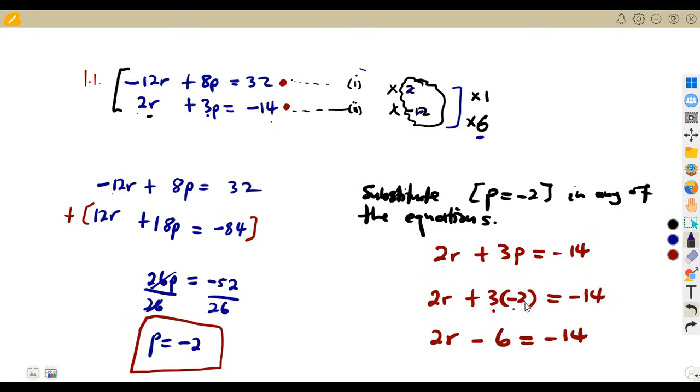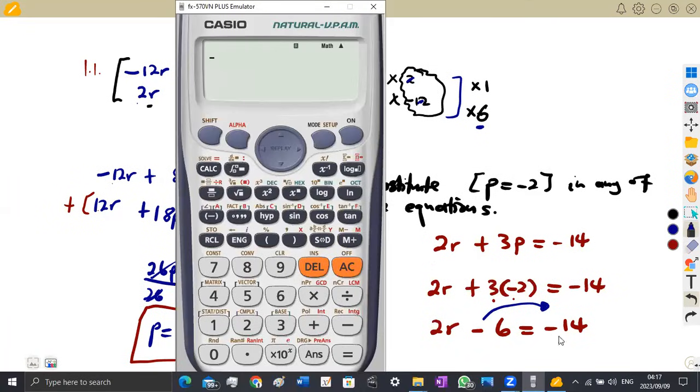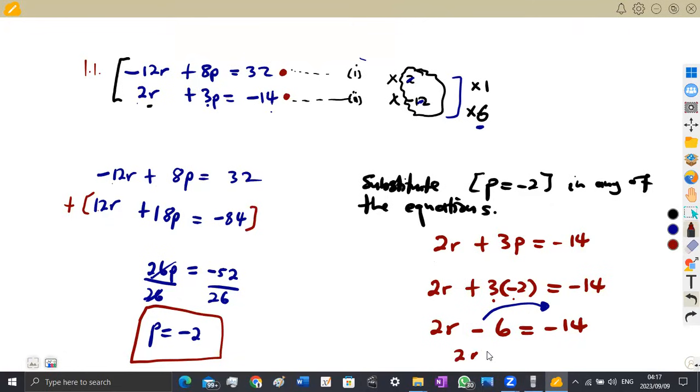What you're going to do is transpose negative 6 to the other side so that it will be a positive. That's negative 14 plus 6, which will be negative 8. So 2R will be equal to negative 8.